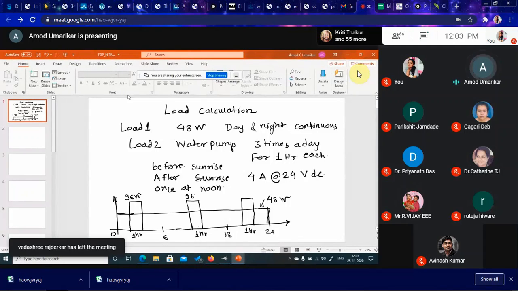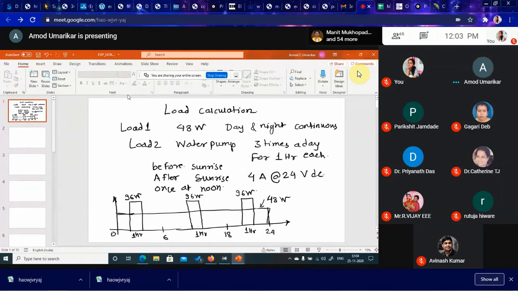So these 2 types of load we have taken into account. One is the water pump load and the other is the continuous load, which is there for 48 watt, full day and night.